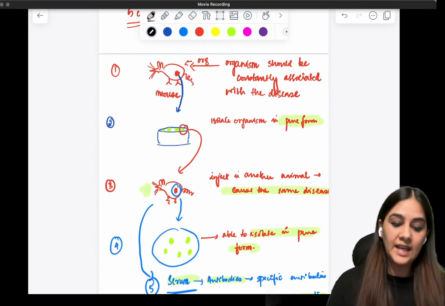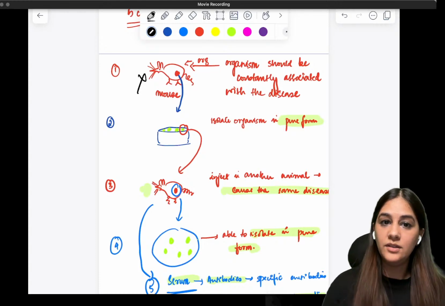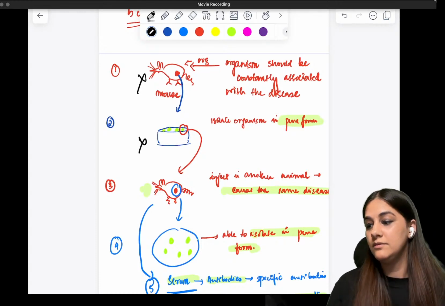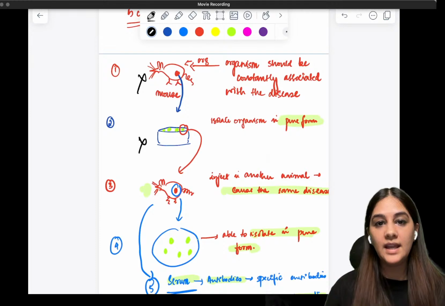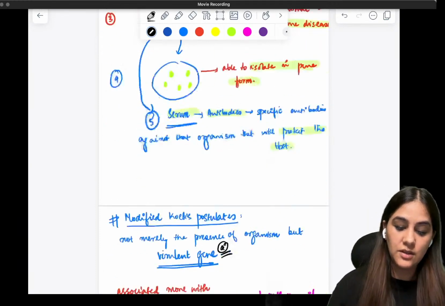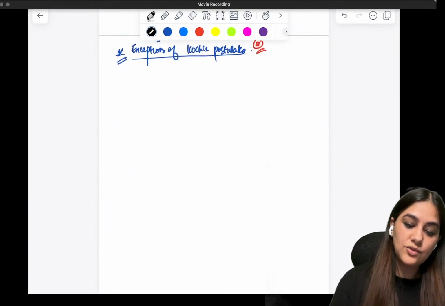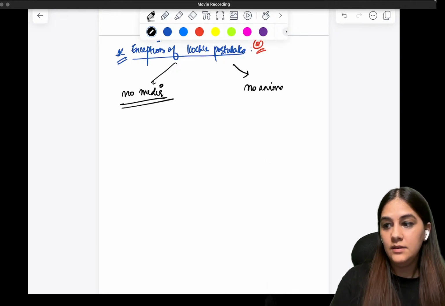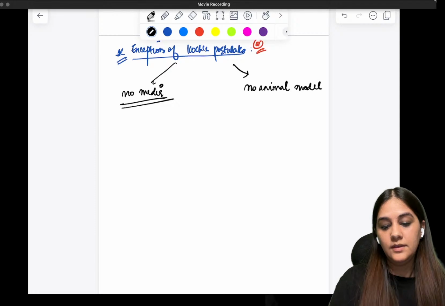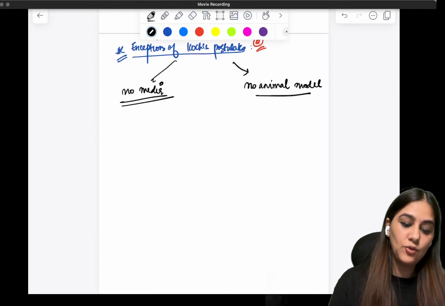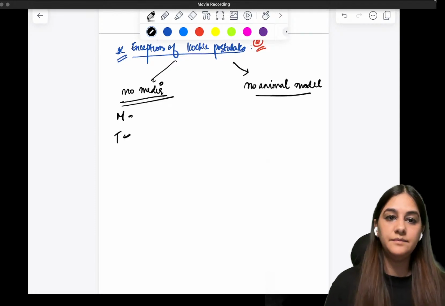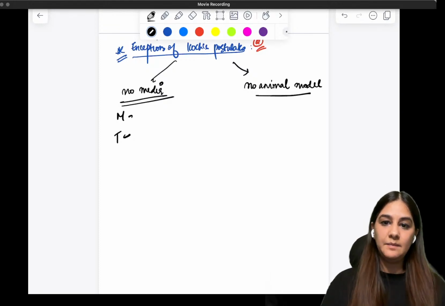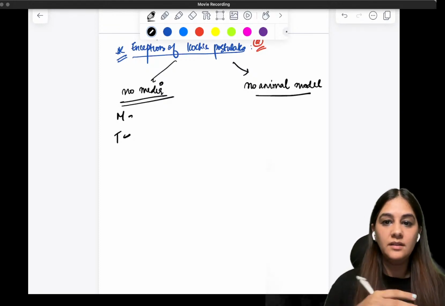Either we don't have an animal model or we don't have a culture. So these are the two times: no media or no animal model. No media means the media is empty.